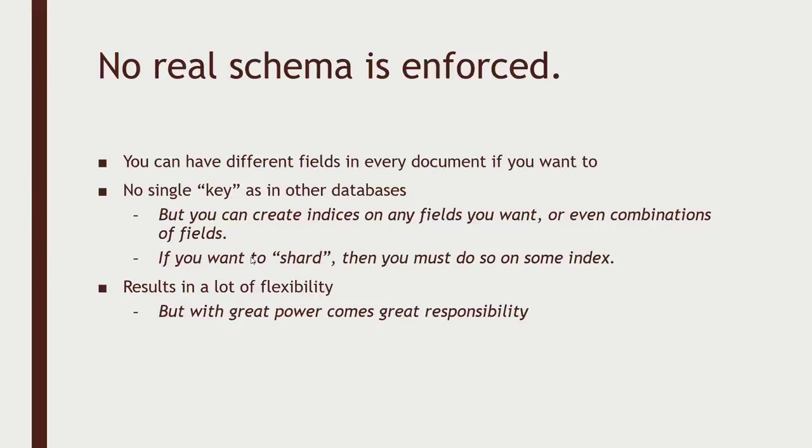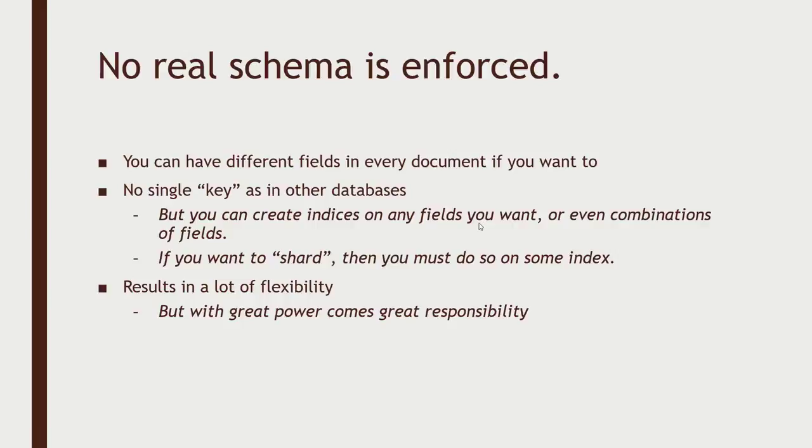Like I said, no real schema is enforced in MongoDB at all. You can have different fields in every document if you want to. Obviously not necessarily a good idea if you want to actually do fast lookups in that database, but you can. You don't have to have a single key value like you would have to have in Cassandra, some unique identifier. But you can create indices on any fields that you want. You can also create indices on combinations of fields.